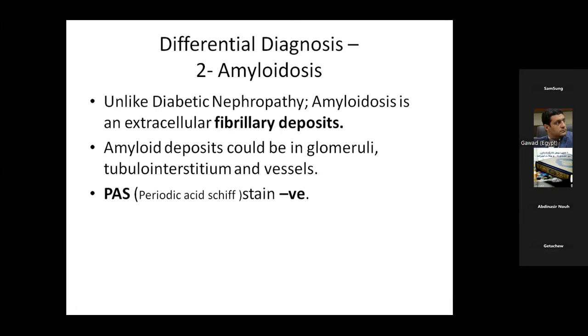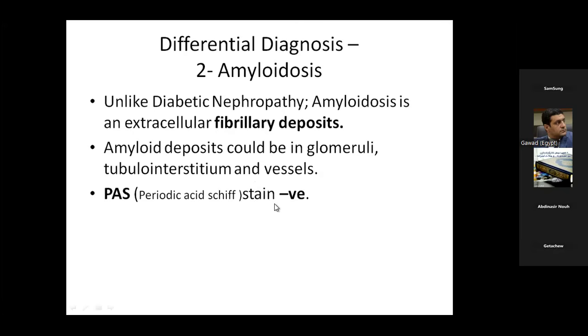The second differential diagnosis is amyloidosis. Amyloidosis is a very important differential diagnosis because, first, let's start with the PAS stain, or the periodic acid Schiff stain, that we have mentioned in diabetes as being a positive stain in the thickened mesangium and glomerular basement membrane.